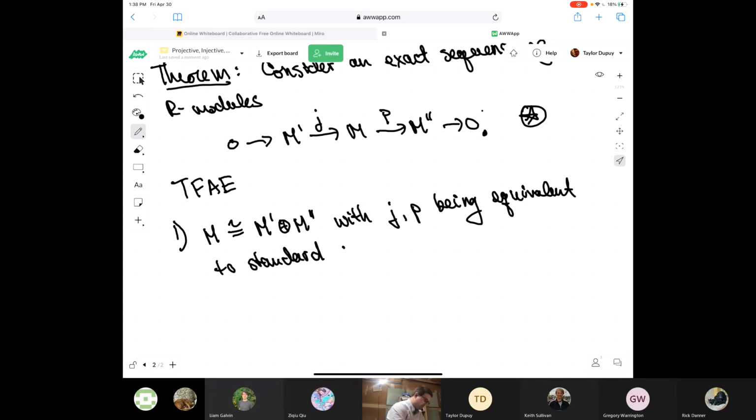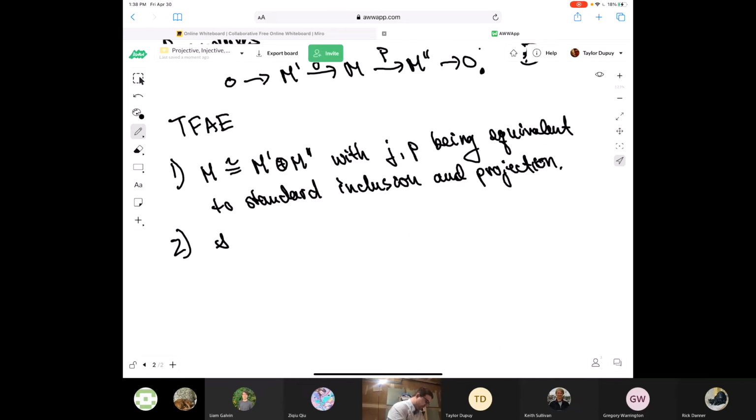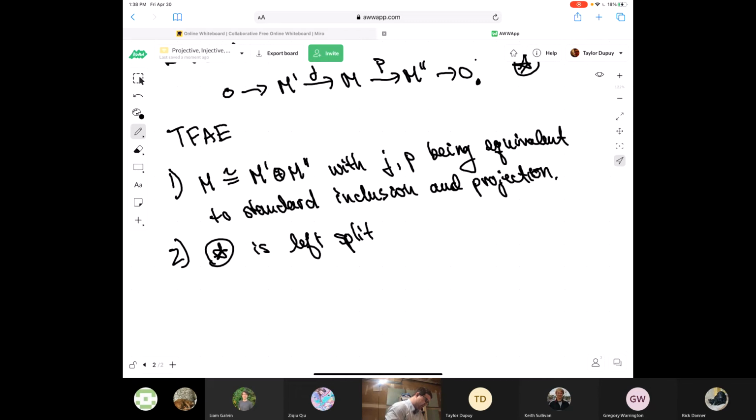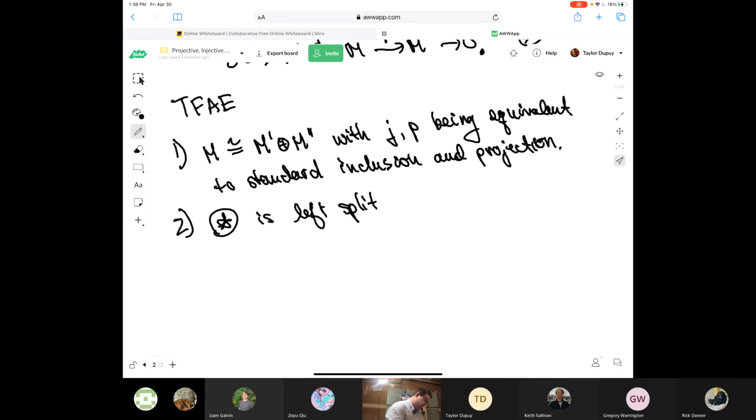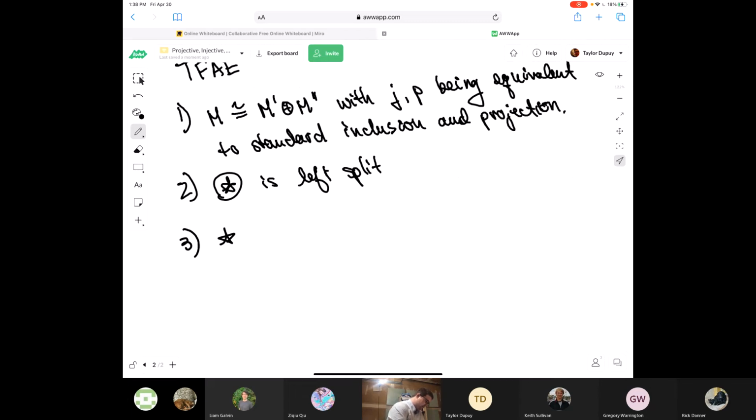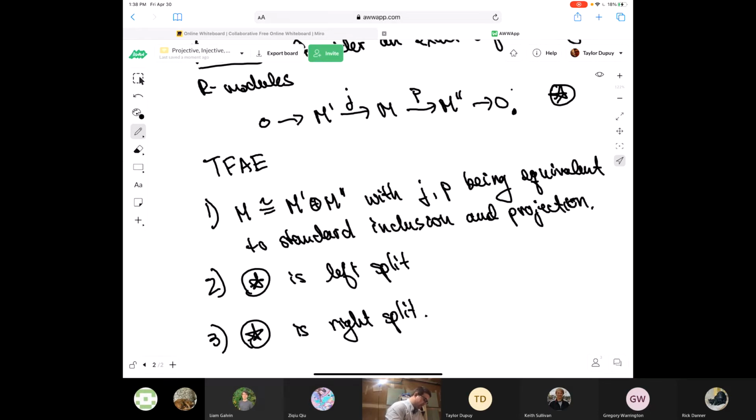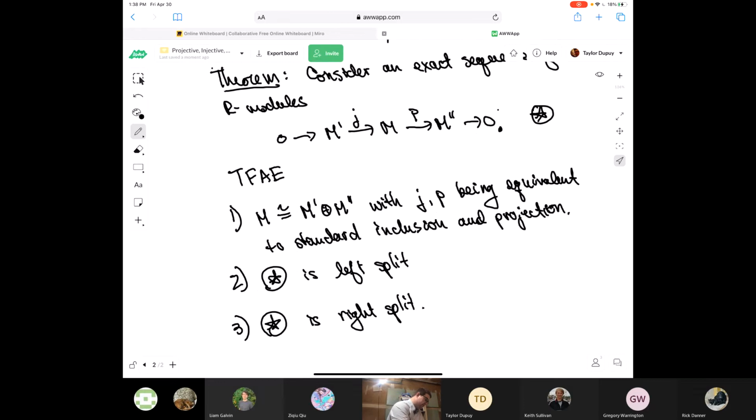Let's say the standard inclusion and projection. 2: this sequence star is left split. And 3: star is right split. If any of these things happens, we just say that the sequence is split.